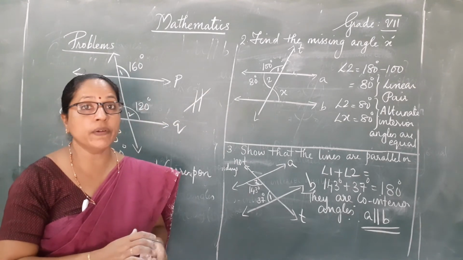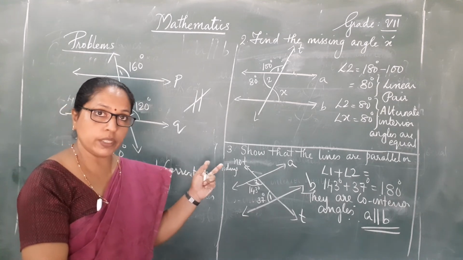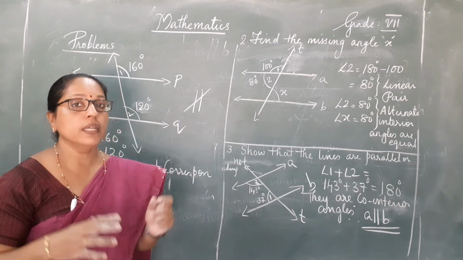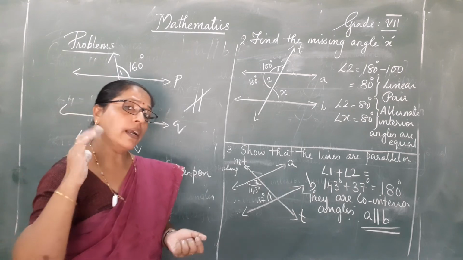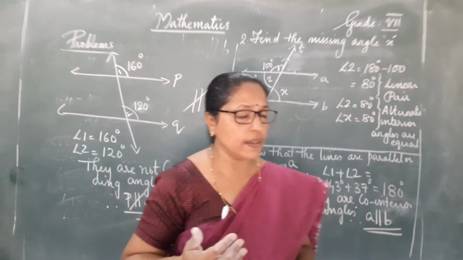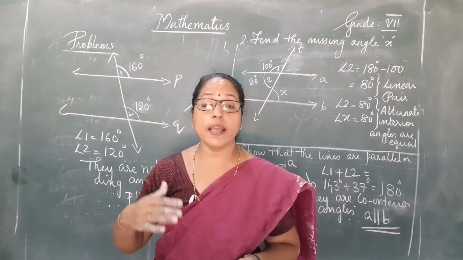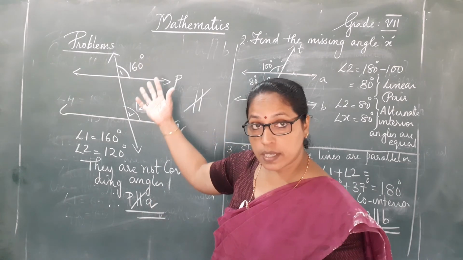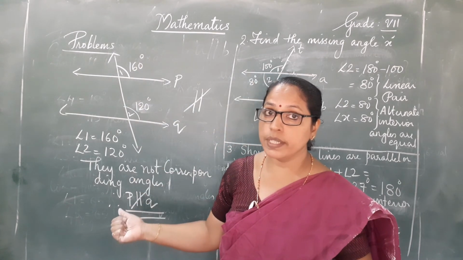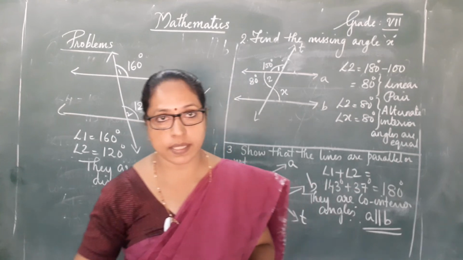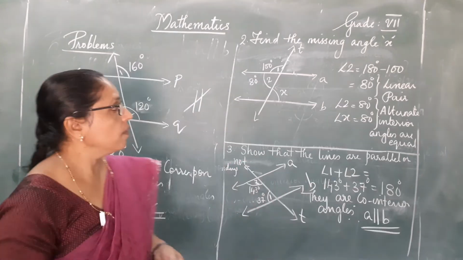So I hope you have understood the concepts taught today and the problems solved today. Just go through the concepts, understand them well, read the definitions, learn the properties, and then try to see the problems we have solved today, and then you have to do the exercise. So exercise 5.2.